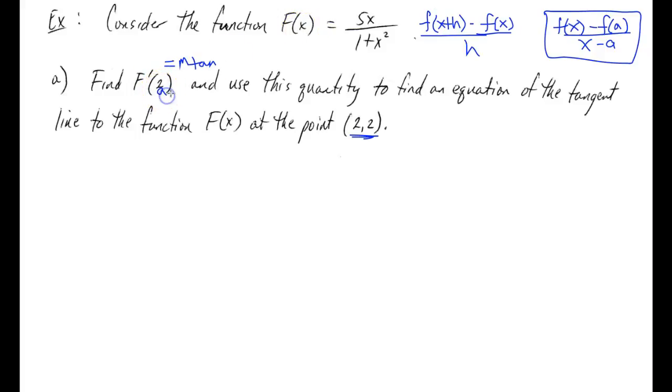And so this is like the a that's right there. So it makes it much easier to deal with that way. So we know that to find the slope of the tangent line, we need to be able to find the limit of the difference quotient, as in this case x approaches a and our a is 2. So we're going to look at it this way.